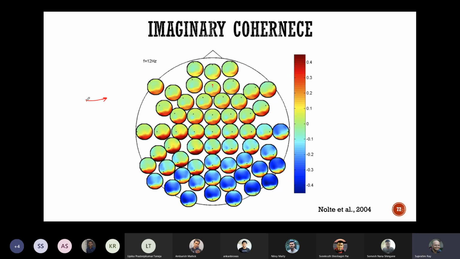So the vectors will all be pointing along the real axis, not the imaginary axis. So you see a bunch of green around each of these electrodes here. Green corresponds to zero. Okay, does this make sense? The imaginary coherence?